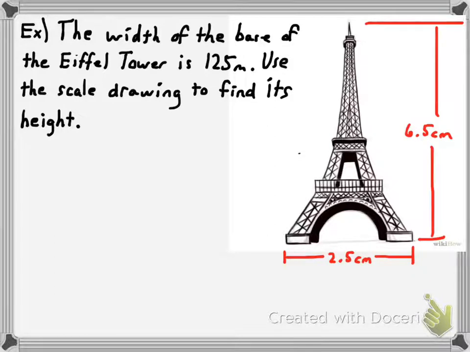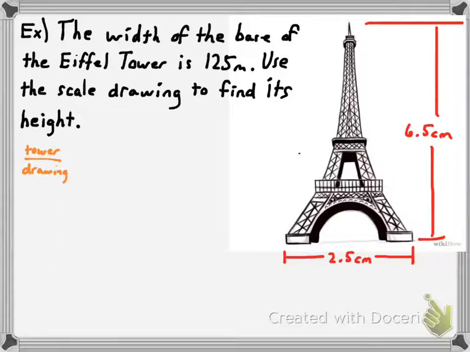What we're going to have to do in order to find out the actual height of the tower, knowing what the height of the drawing is, is find what's called the scale factor. The scale factor is simply the ratio between the dimensions of the actual Eiffel Tower and that of the drawing. So we're trying to make a ratio of the Eiffel Tower to the drawing.